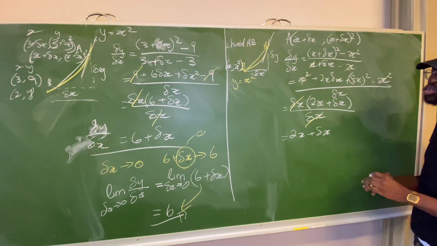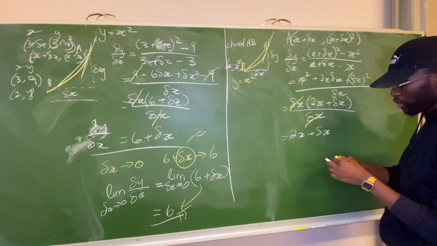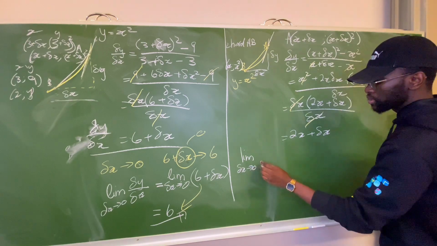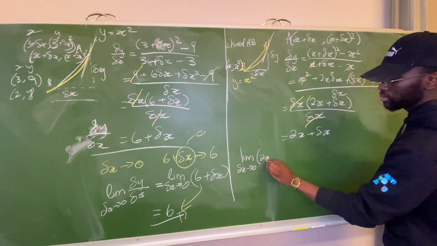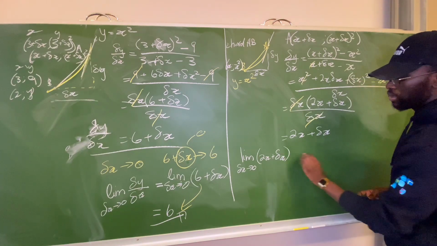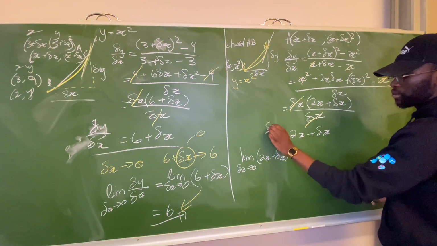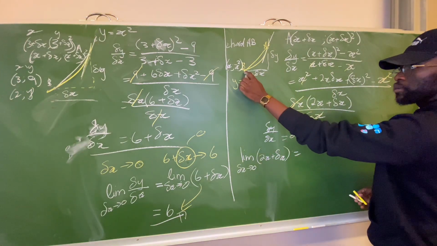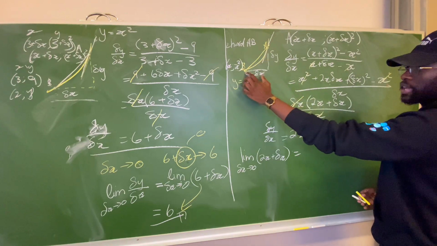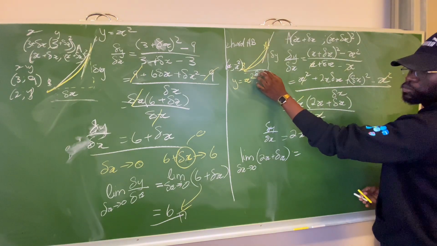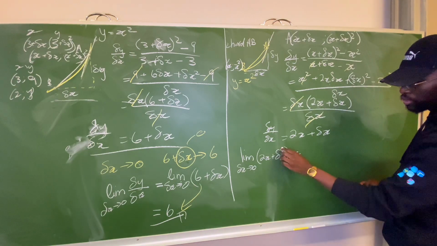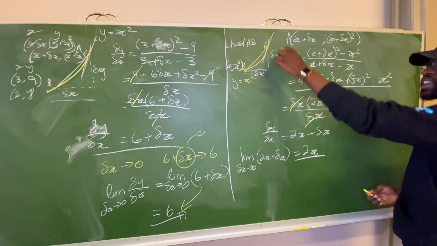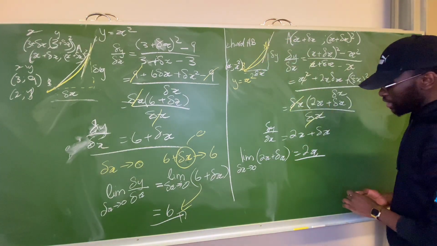Now if we want the actual gradient of the tangent here, we are going to look for the limit as delta x approaches 0 of 2x plus delta x. This is delta y over delta x. Now remember, we said that as the point B approaches A, delta x becomes small and approaches 0, and as it approaches 0, that means our limit will be 2x. That is the gradient at point A.